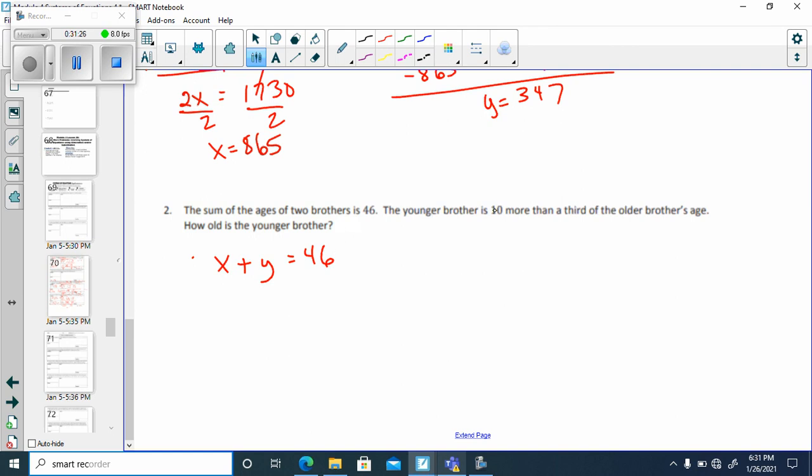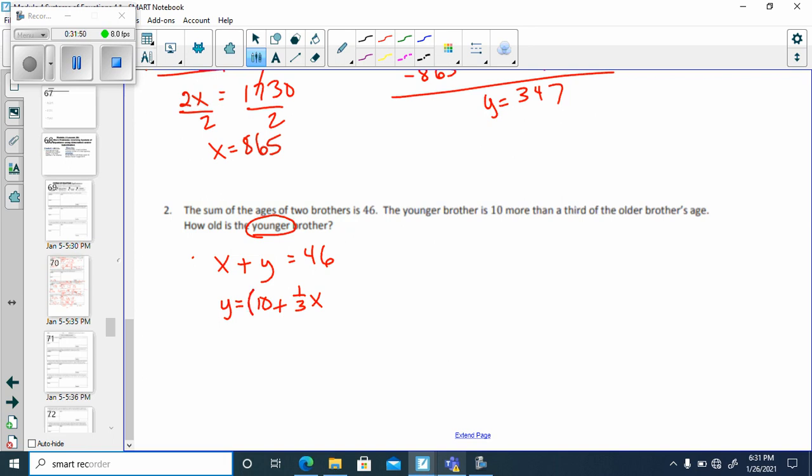The younger brother, we're going to say Y is the younger brother. The younger brother is, so that means equals 10 more, so you're adding 10 to a third of the older brother's age, 1/3 of the older brother's age, okay? How old is the younger brother? We just want the younger brother.